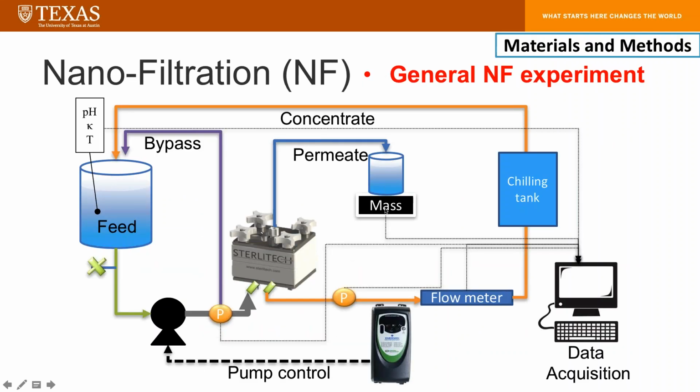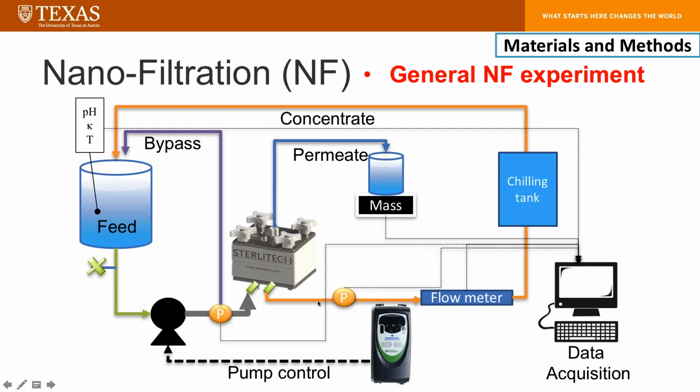So I ran two different types of NF experiments. The first one is a general NF experiment, and the other one is an NF fouling experiment. Here is a schematic diagram of the general NF experiment. I collect the permeate, measure the mass of the permeate, and log the data through the computer.